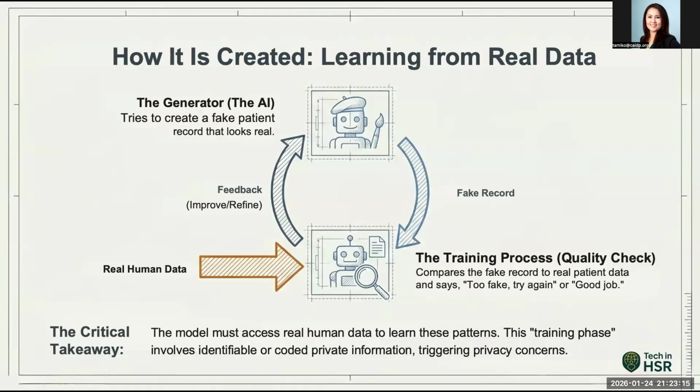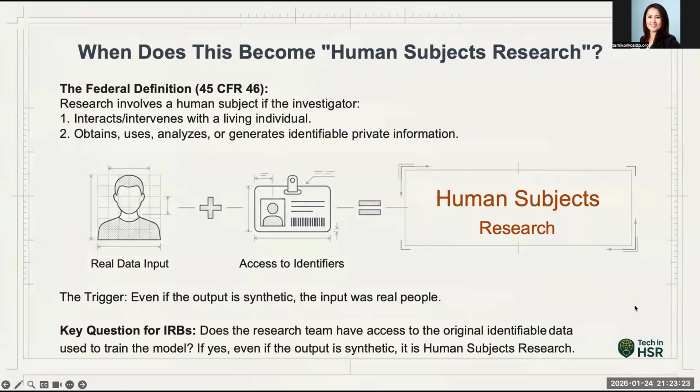And so that dependence raises a fundamental regulatory question: when is any of this human subject research? Under the Common Rule, 45 CFR 46, research involves a human subject if the investigator does one of two things. First, do they interact or intervene with a living individual for research purposes?